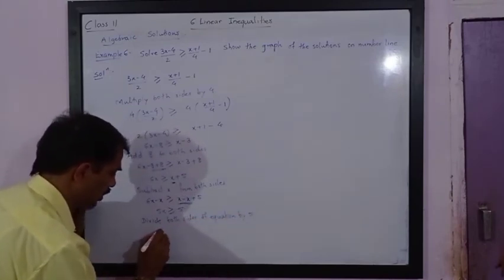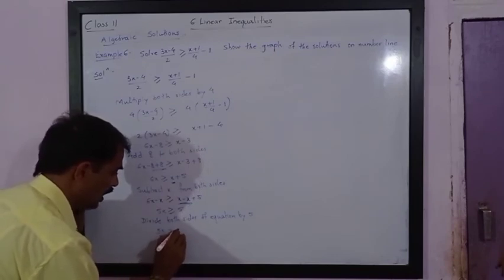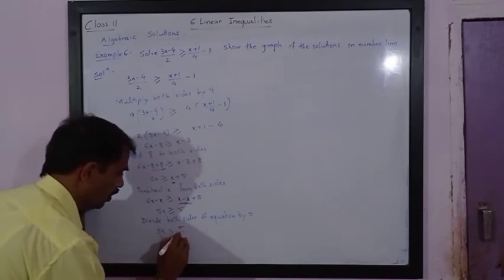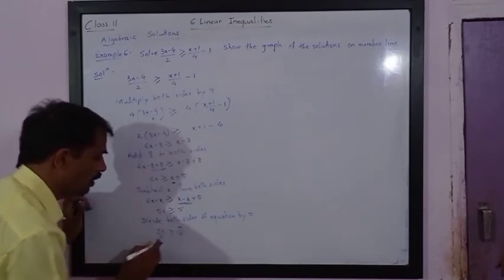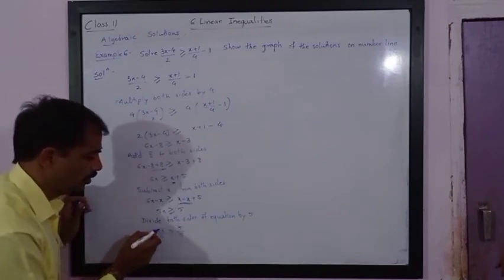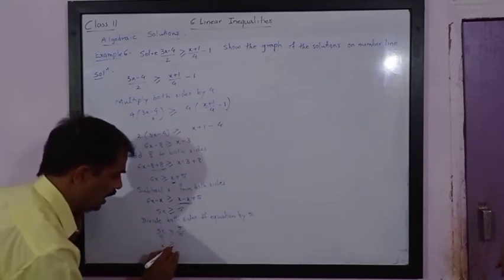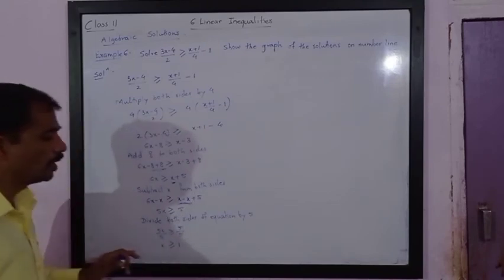You will get 5x upon 5 is greater than or equal to 5 upon 5. So you will get x is greater than or equal to 1.